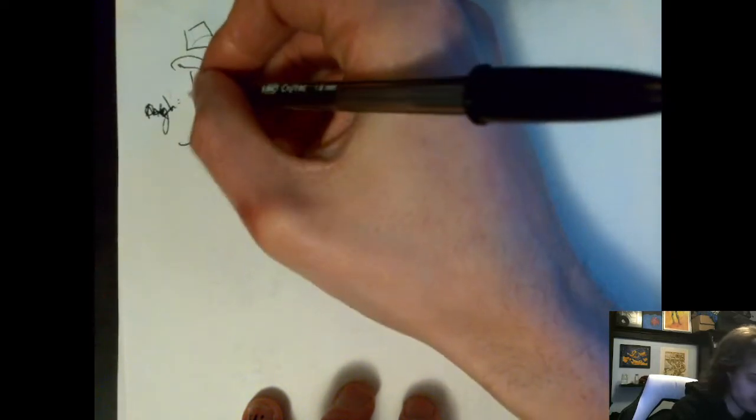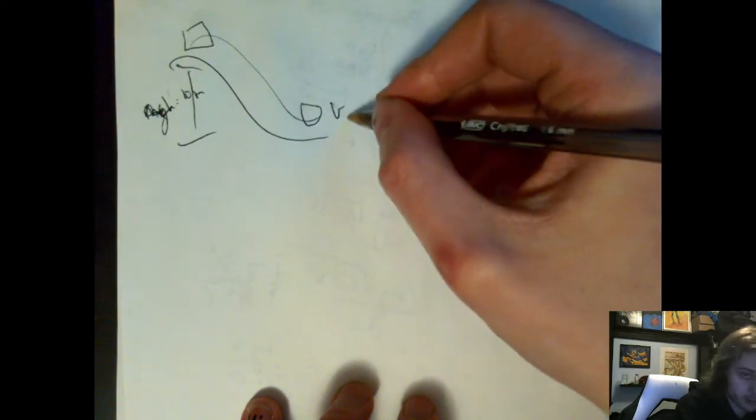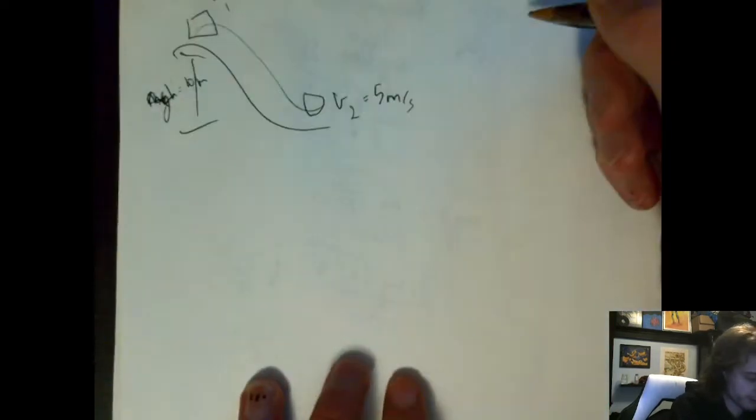So we've got this situation: our motor lowering our block from here to here. We've got our height, 10 meters, and our velocity at the bottom of the hill is 5 meters per second, and our velocity at the top of the hill is 0.